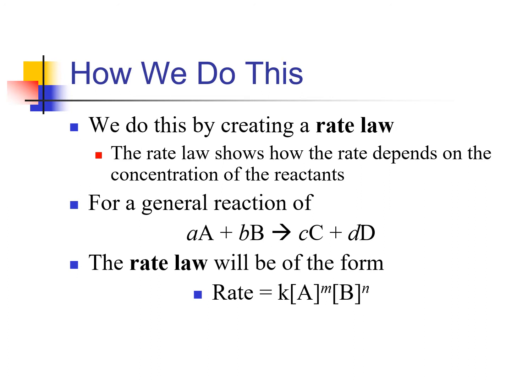The rate law looks like this. One thing I want to point out right away, so there's no confusion about this, is notice the coefficients are not in the equation at all. They don't matter. I want to make this explicitly clear. The reaction rate has nothing to do with the coefficients of your balanced equation.